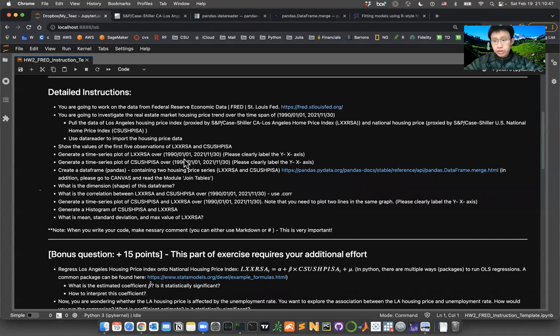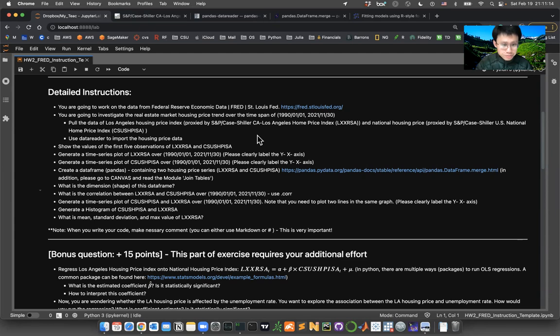That's the variable name for the Case-Shiller national housing price level. When you use the pandas data reader to extract those data, it will be in the form of a pandas series, which is similar to the Yahoo Finance extraction example we went over in class.